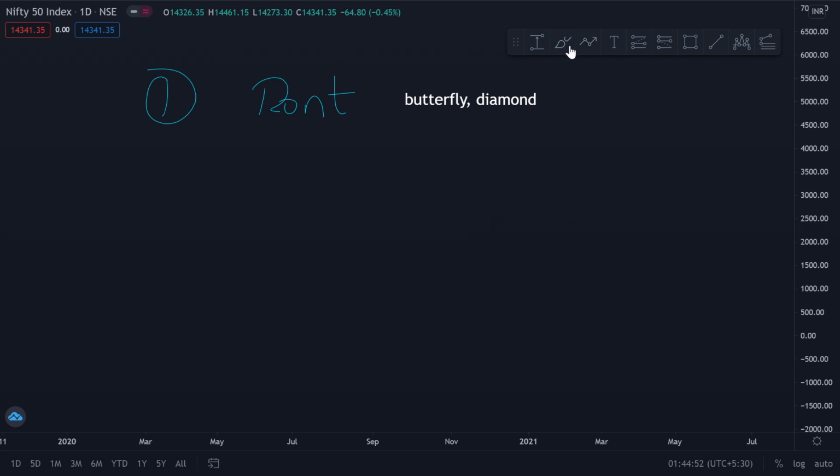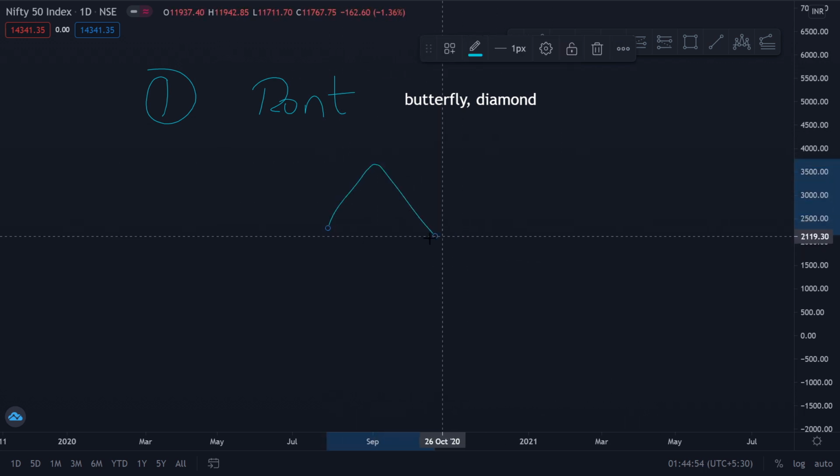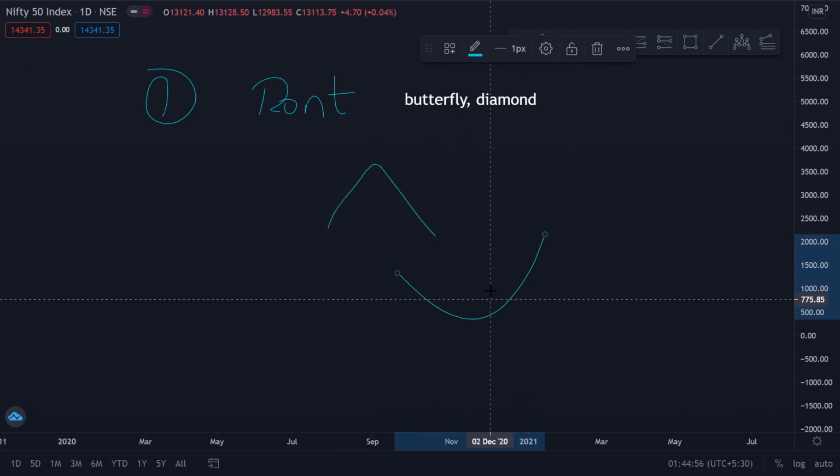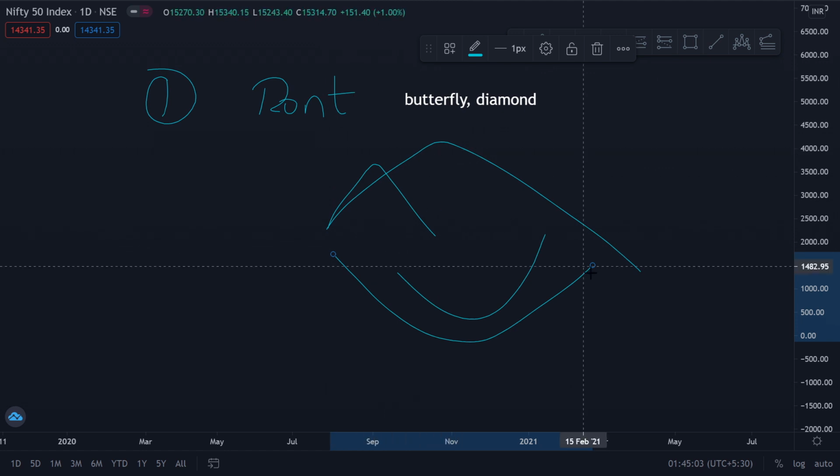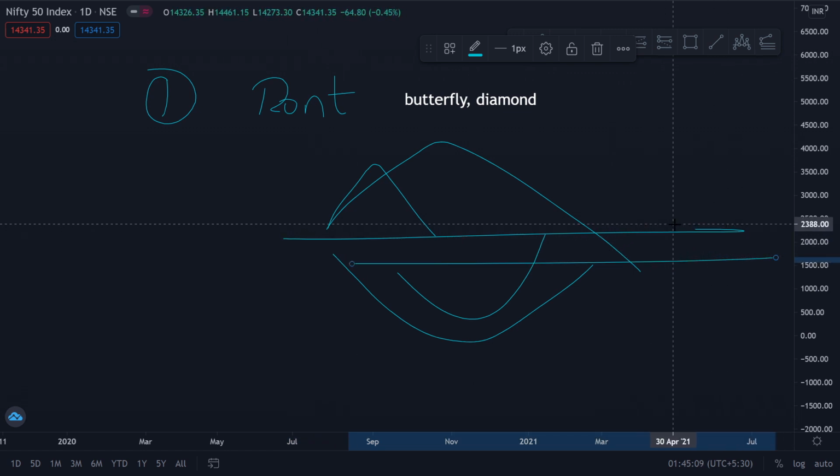Suppose there is a diamond pattern forming here. What is the logic behind taking this trade just because it broke out from a diamond-looking thing? There might be a support or resistance, so that would be a trade based on the support or resistance and not necessarily your diamond breakout.